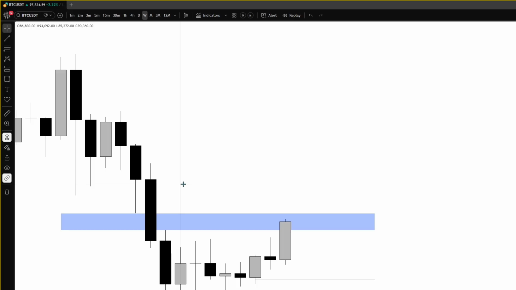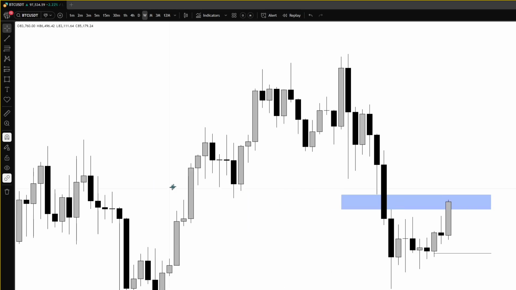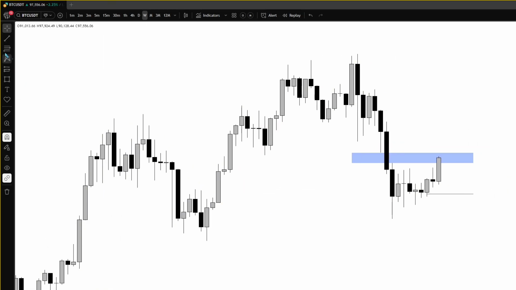So I want to see what's going to happen here moving into this next week. But if we can close above that, then I'm going to see it as okay, let's map out the premium and discount. We have this discount fair value gap, right?